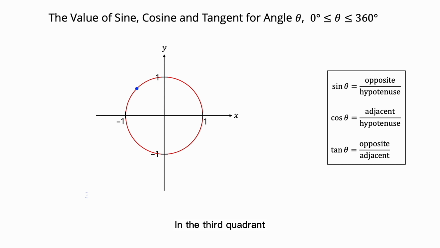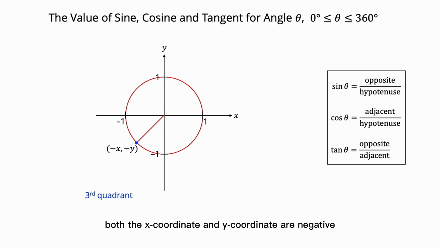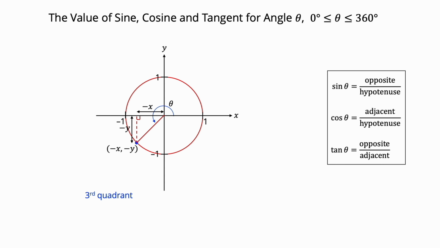In the third quadrant, both the x-coordinate and y-coordinate are negative. Theta is the reflex angle between radius and positive x-axis. A right triangle with negative x values on horizontal line, negative y values on vertical lines, and a radius of 1.